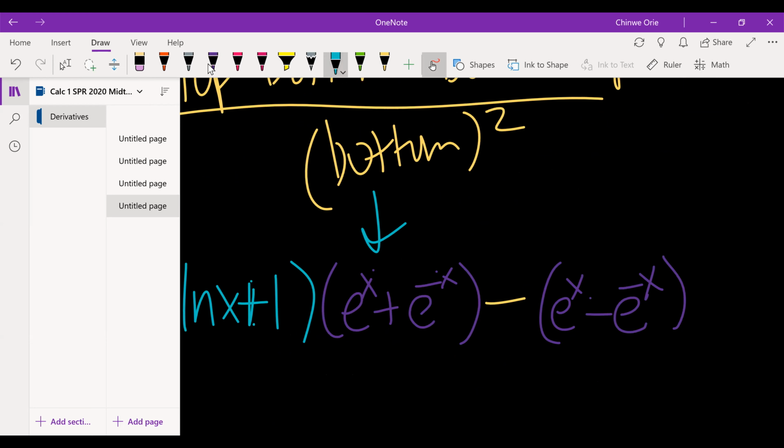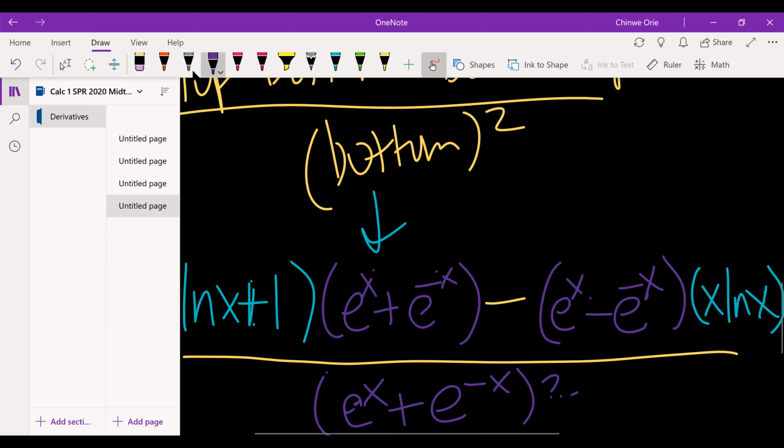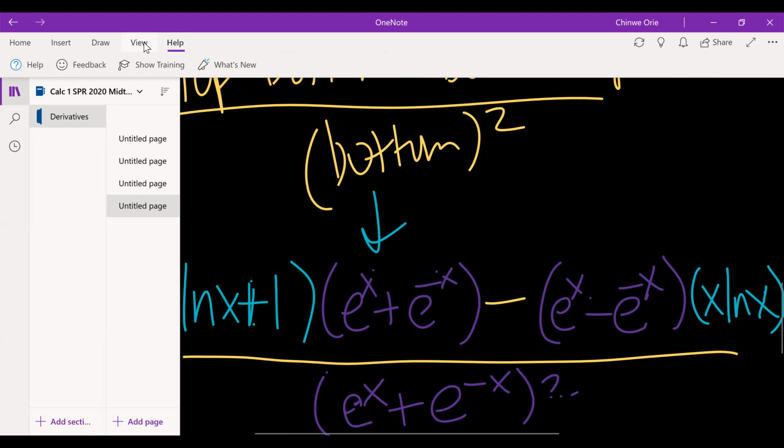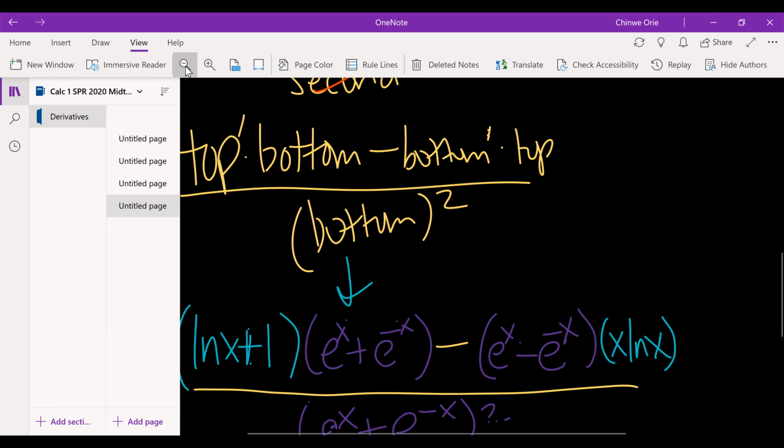And the top is x ln x, all over e to the x plus e to the negative x, squared. All right. That was quite longer, probably due to some technical difficulties, but we did it.